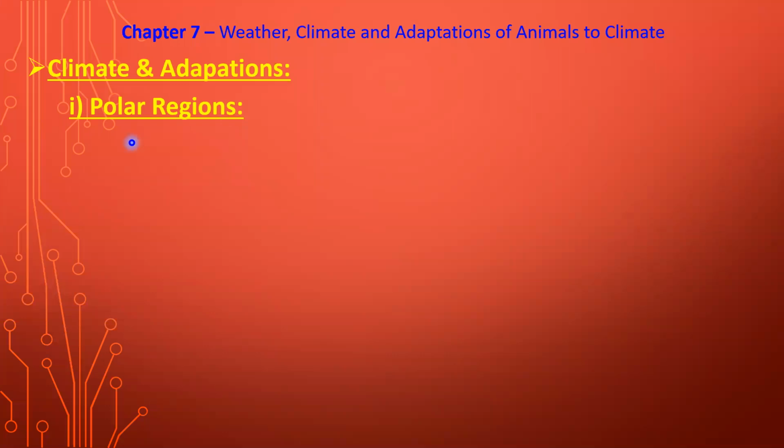Now the second animal is both a bird as well as an animal. In general, you can say it is an animal, though it looks like a bird. The second animal is the penguin.